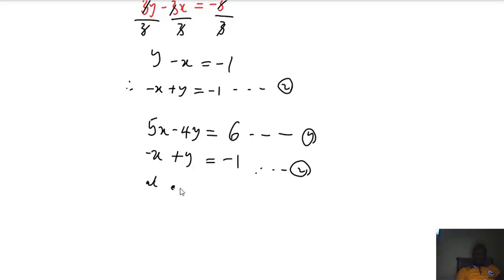At equation 2, y will be equal to x minus 1, because when you make y the subject, it's going to be x minus 1. So we put y, which is x minus 1, into equation 1.